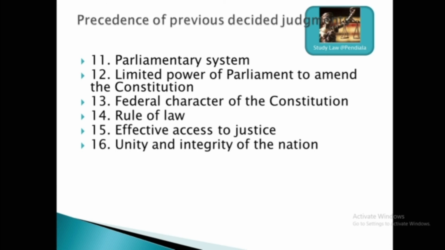And finally, the unity and integrity of the nation, which is more important. The entire Constitution is enforced only to ensure the unity and integrity of the nation, giving the people of the country opportunities and access to various powers, privileges and accesses. So any amendment should not have any impact on the unity and integrity of the nation.